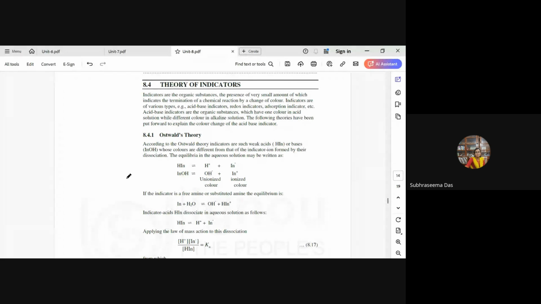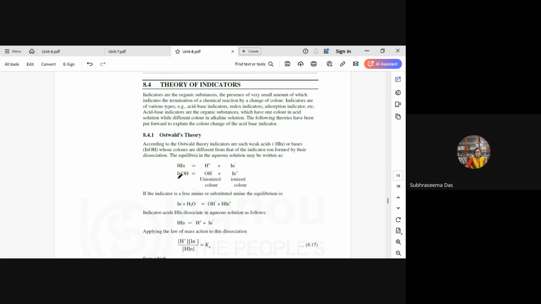The most commonly accepted theory is Ostwald's theory. According to this theory, indicators are weak acids or bases, HIn or InOH, whose colors are different from that of the indicator ion formed by their dissociation. The dissociation of HIn gives H+ and In-, or InOH gives OH- plus In+.